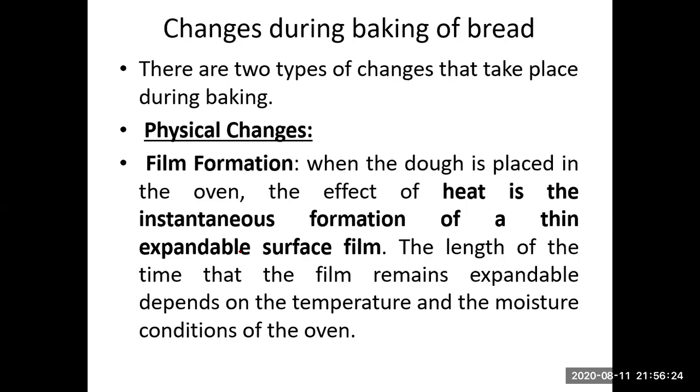Whenever you bake a bread, you can check that when it comes out from the oven, a thin film is prepared on the upper portion of the dough. Whenever you pull it, it will just come off the bread. That is prepared in the film formation process.